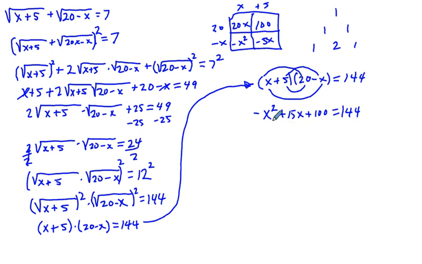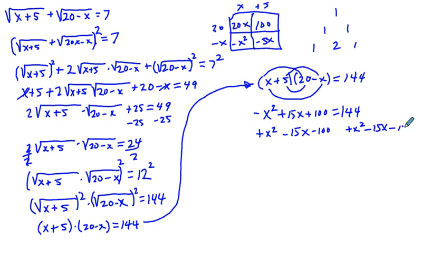Now, what we're going to do is make the left side of the equation equal to 0. To do that, we're going to add x squared, subtract 15x, subtract 100, and do the same thing on the right side of the equation.